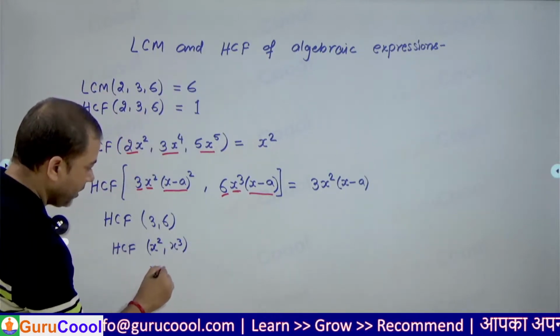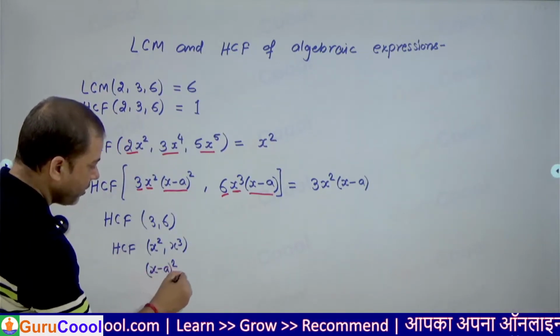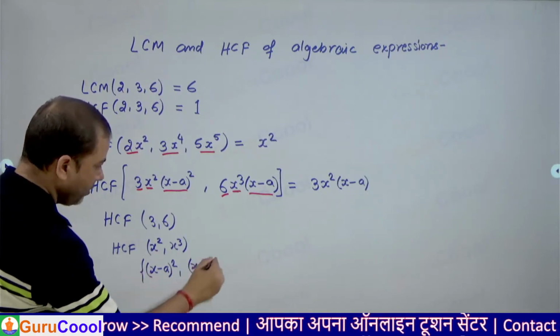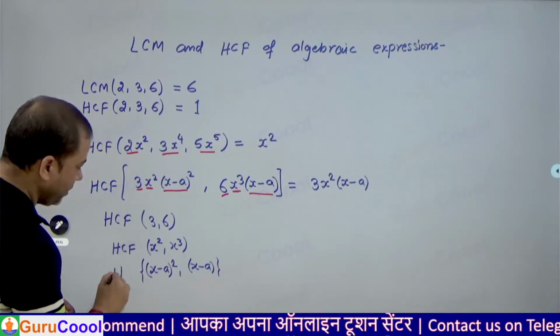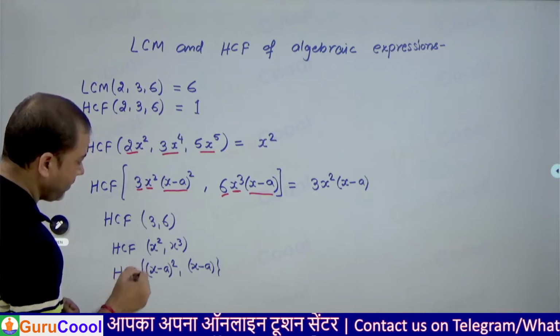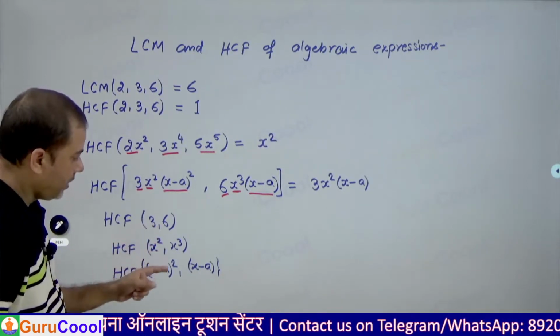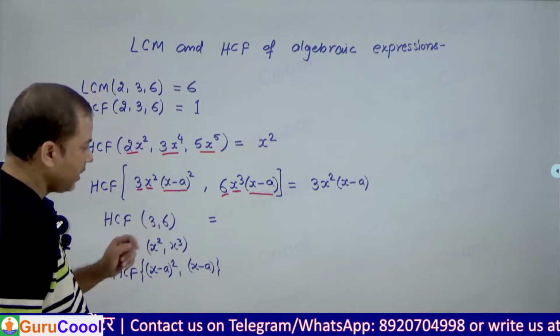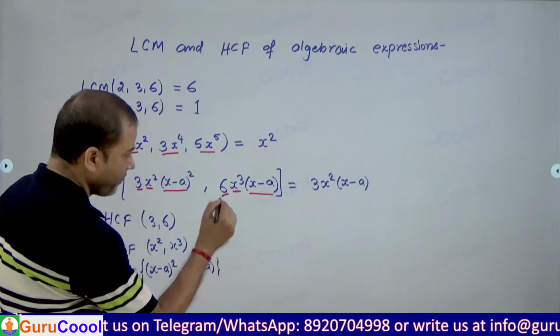Now we take HCF of these two as well separately. HCF of 3 and 6 is 3.